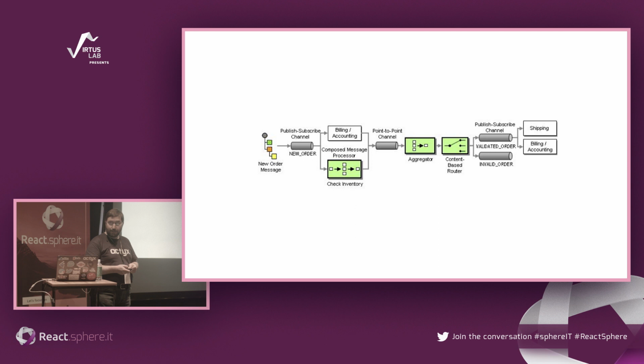So this is an exemplary integration pattern. We have an order message coming here through a channel. Then we do something with the message. We disassemble the message into parts, then process those parts, then put all those parts into a channel. Then we aggregate that stuff.